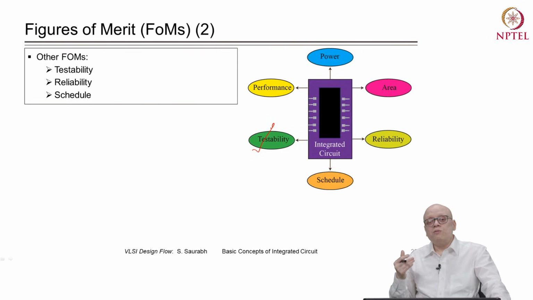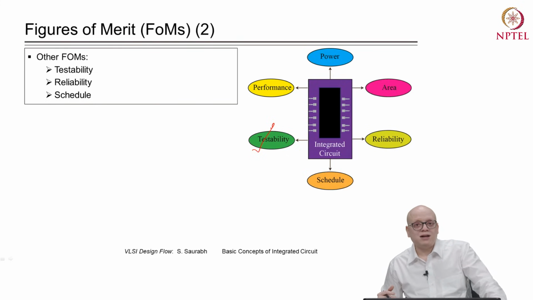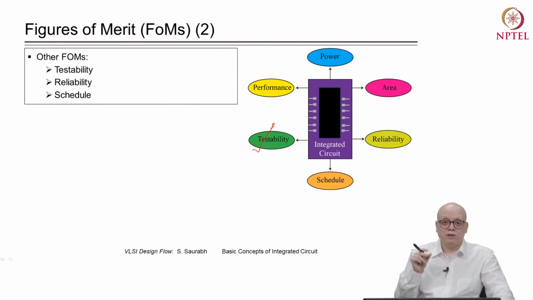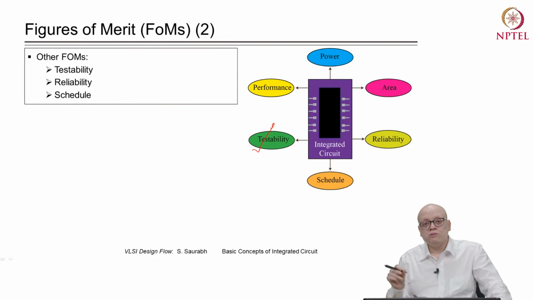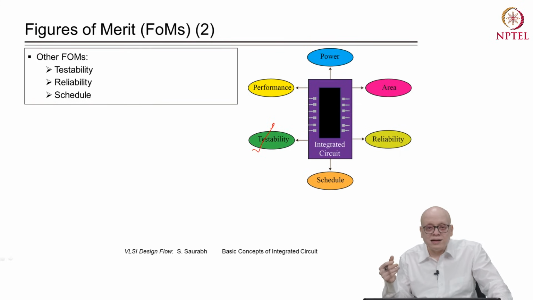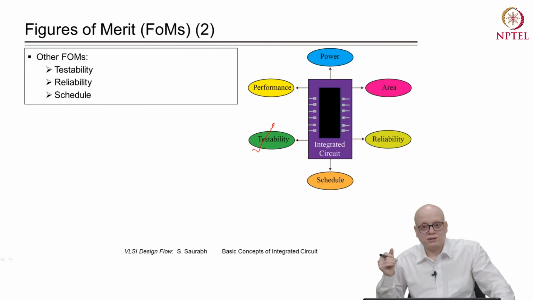But we want only the good product, the integrated circuit without any defect, to reach the customer. So we want the chip that we manufacture to be tested before shipping it to the customer, so that our customer does not get any faulty product.